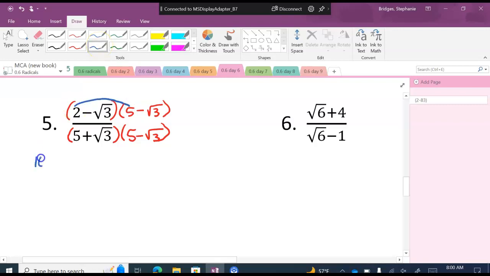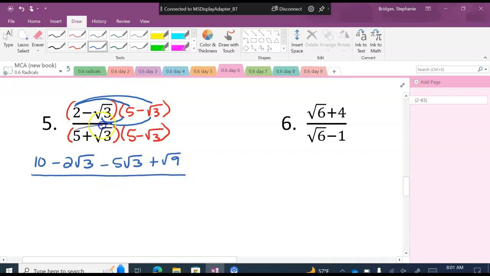Start by foiling the numerator. Then we FOIL the denominator.